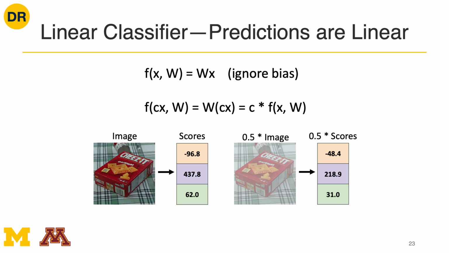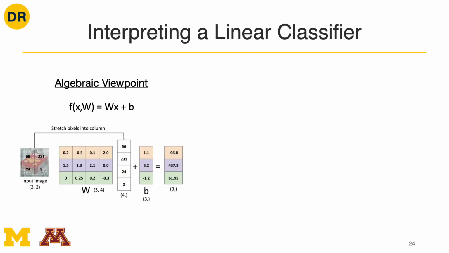So it's not going to have a chance to change what category is being predicted, if you're taking the max score, for example, as the final prediction. This is important to think about, because you can imagine how the semantics of your image really should be changing, and your predictions should be changing relative to one another as the input is scaled. So that's one way we can think about it in this algebraic viewpoint.